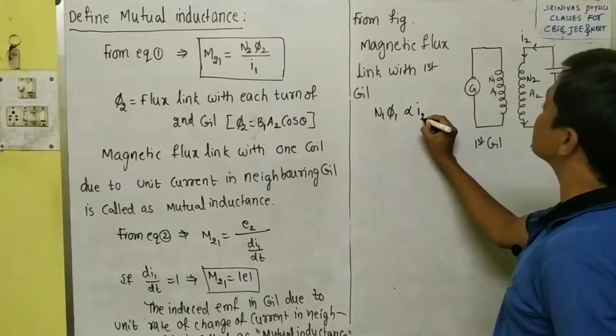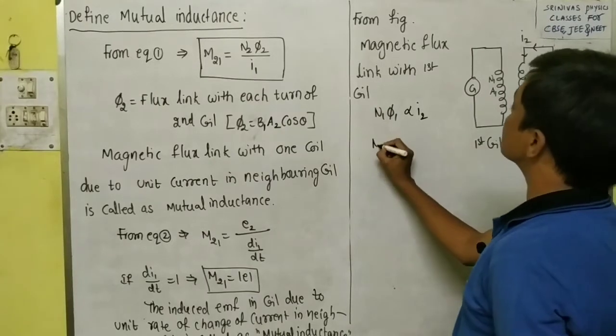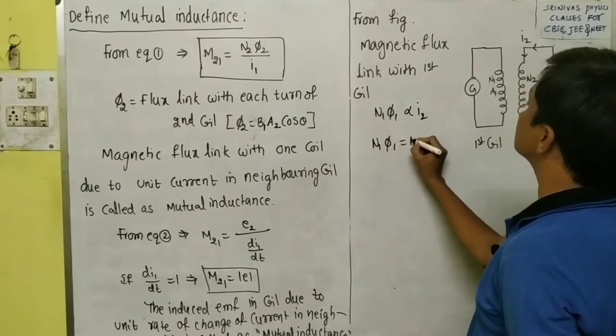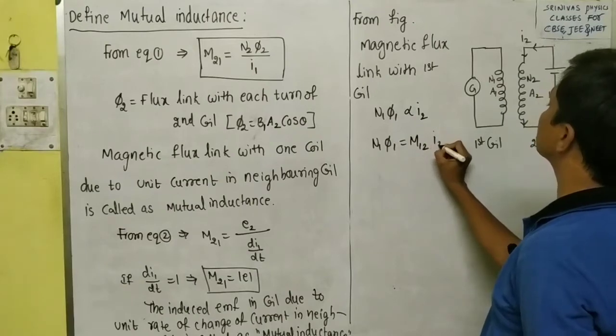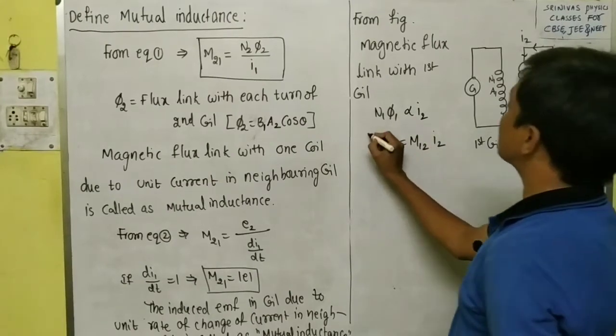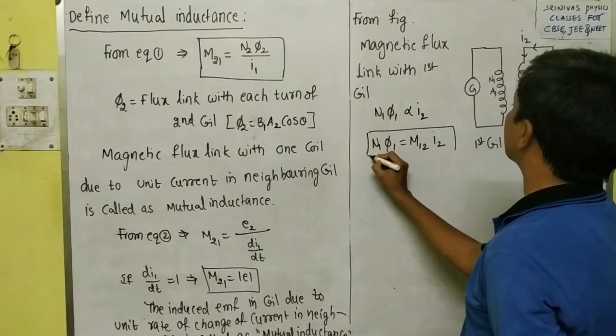It depends upon the current in the second coil. When the proportionality is removed, we get a constant, M12, so N1 phi 1 equals M12 into I2. This is the induction in the first coil due to varying current in another coil.